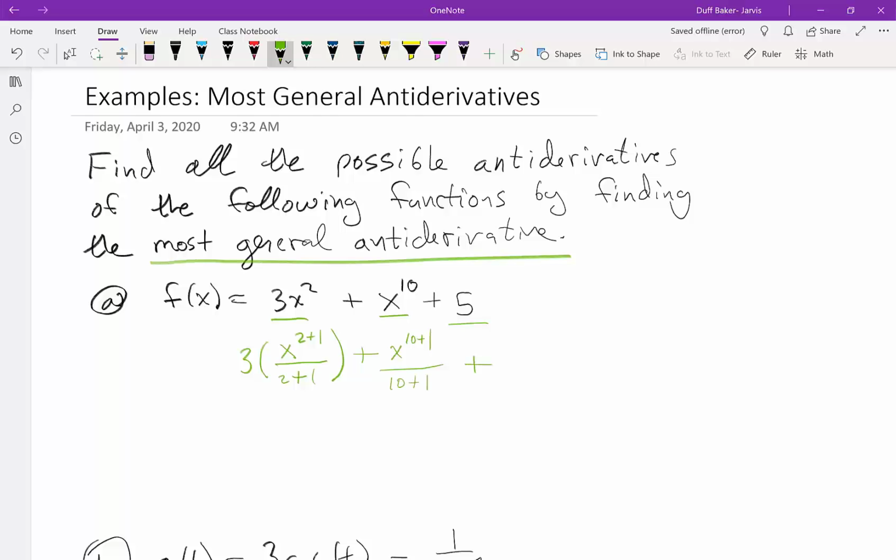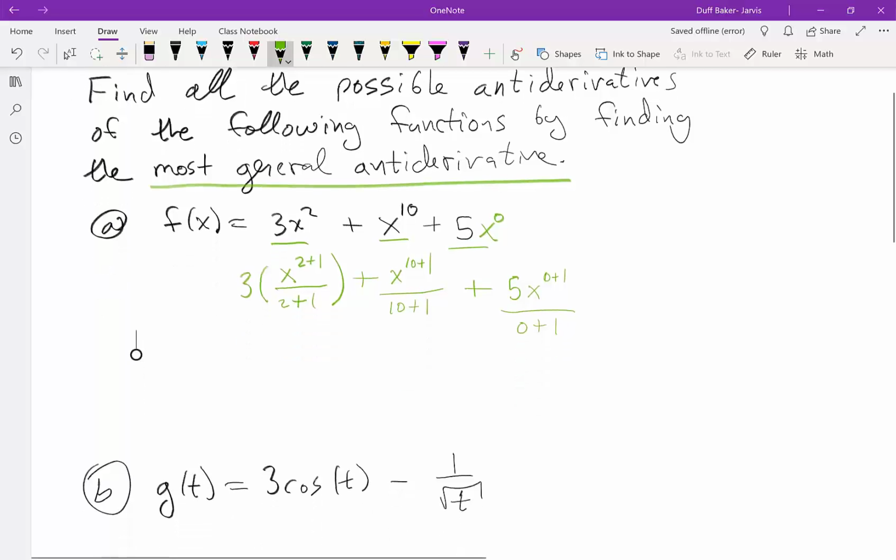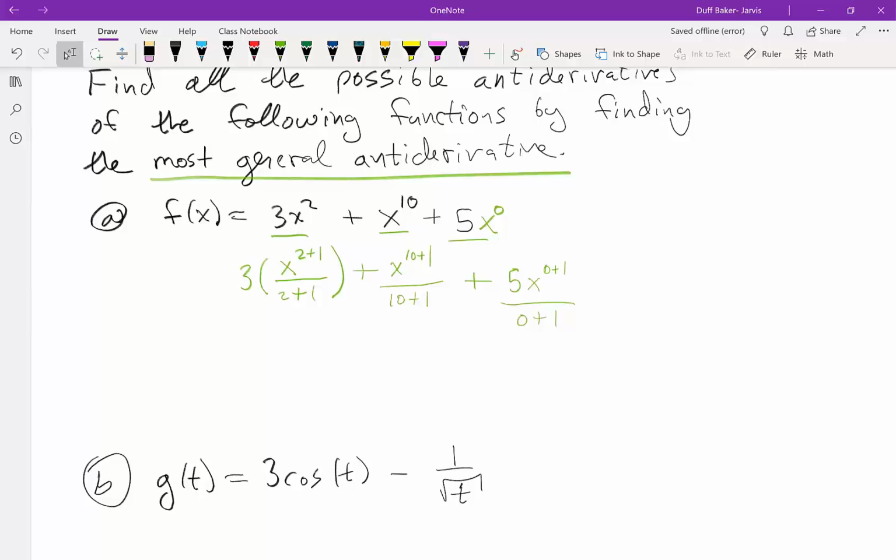And if you have a constant, well, really what you can think of that is like, x to the 0 is really 1. So there's really like a hidden x to the 0. Or you could just ask yourself, what has derivative 5? And you would guess 5x. But really, you can also think about it as this rule we learned.